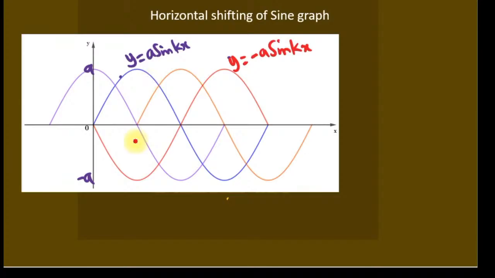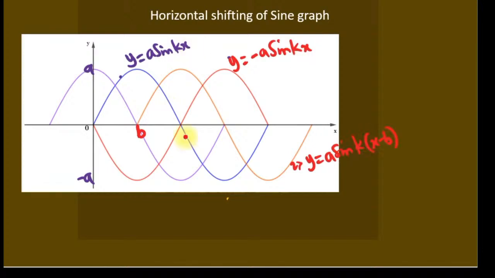So if I decide to shift the blue graph to the right by b units, the equation will be y equals A sine k bracket x minus b.